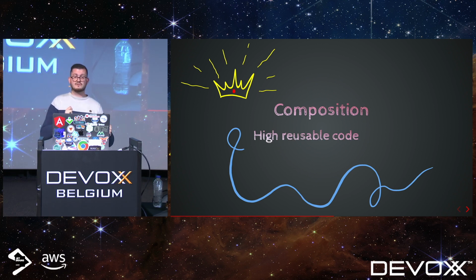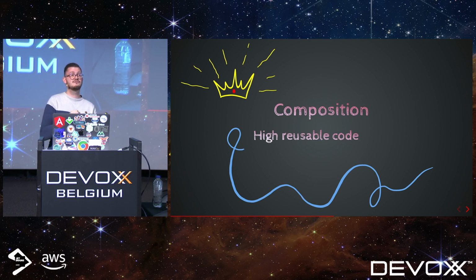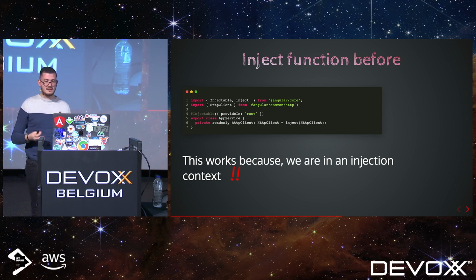So just a few words about composition. Composition is a way to create highly reusable code. Now the Angular core team believes a lot in injection, and it's true, because a lot of things are around the injection concept.